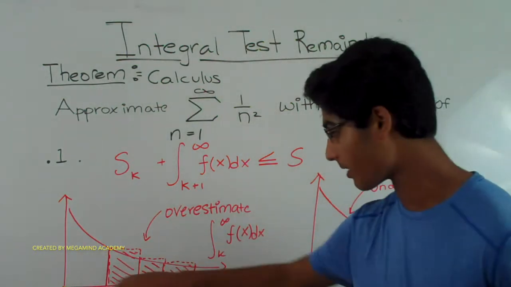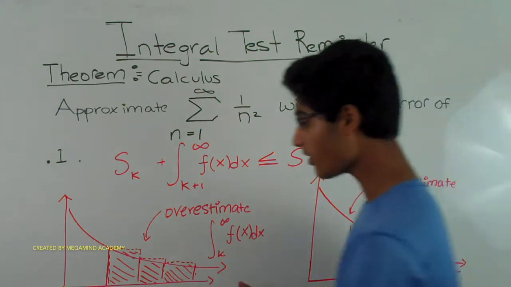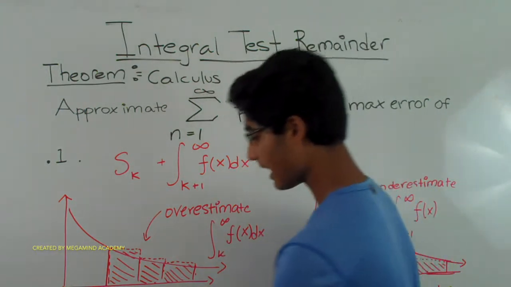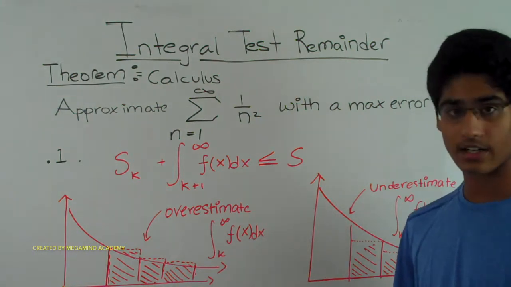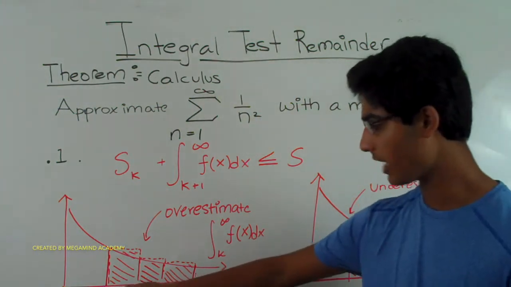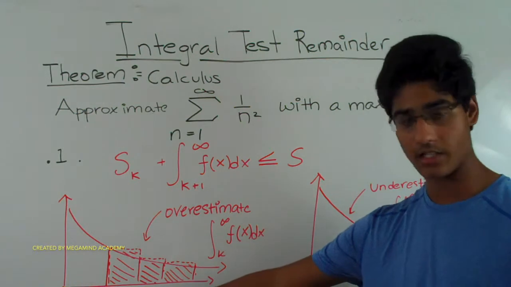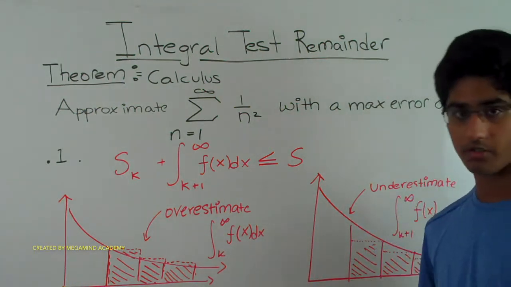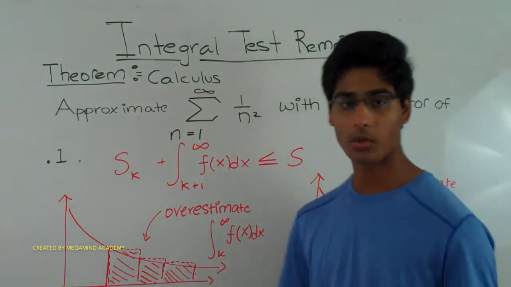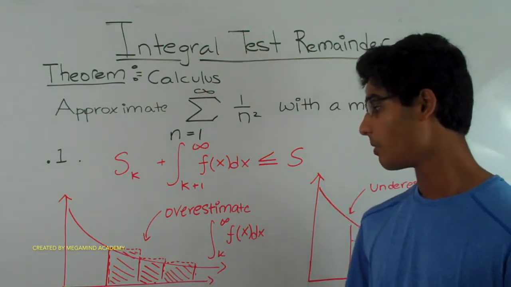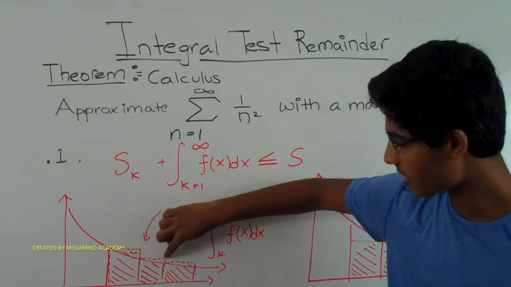And same for this here. Except when we have this overestimate here, we have from k to infinity, the area is less than or equal to 0.1 when you subtract these values at k, k plus 1, k plus 2, k plus 3, because those are actually included in the series. So that sum will be less than 0.1, but that's when we don't include these overestimates here.